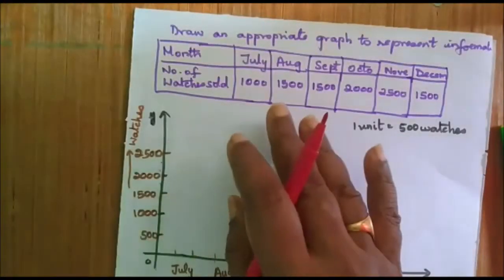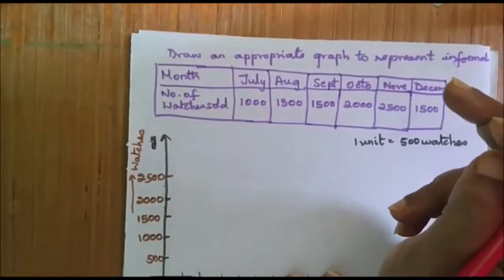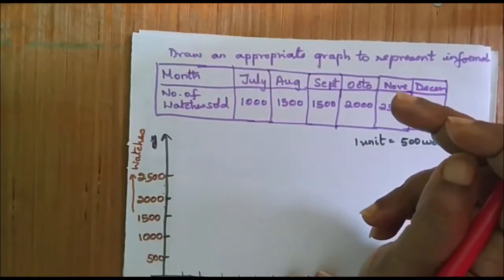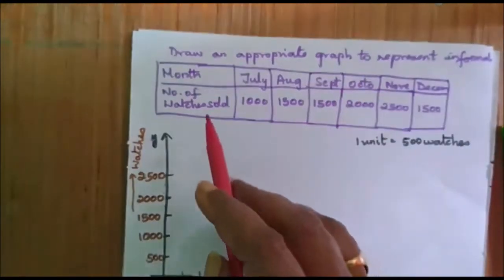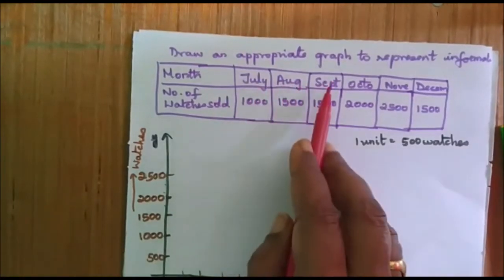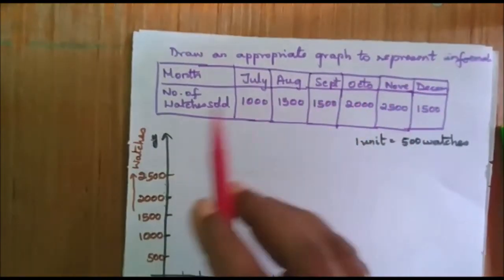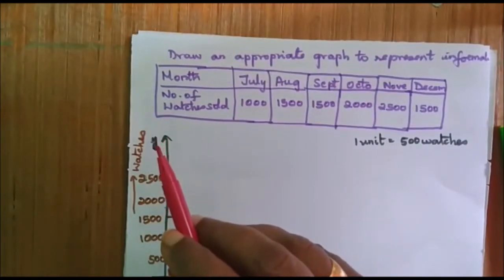Now draw an appropriate graph to represent this information. In your lower classes, you have learnt about the bar graph, isn't it? I am given the number of watches sold during July, August, September, October, November and December. Now how can I represent it using a bar graph?